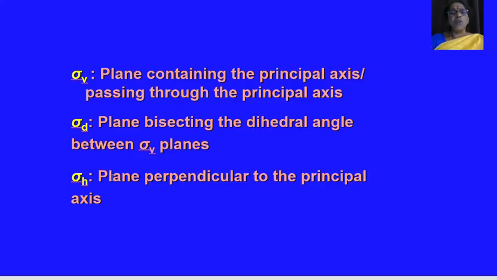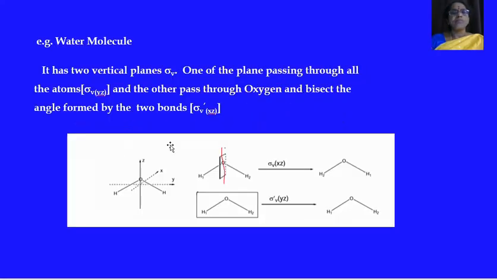All planar molecules possess one horizontal plane, and any number of sigma v planes may be present depending upon the n value. Say for example, water molecule. Water molecule has two vertical planes because the order for water molecule is 2, n is equal to 2.